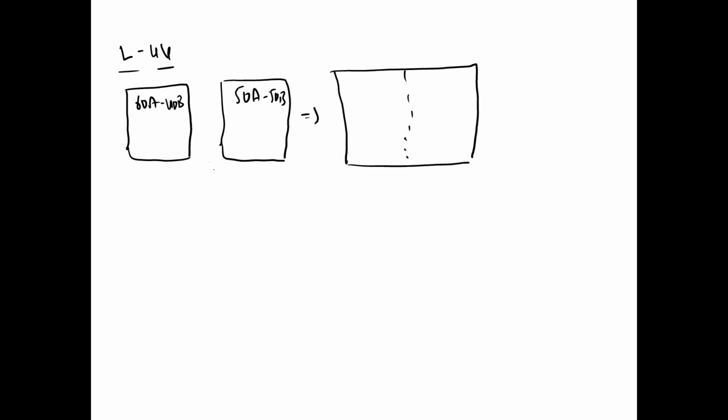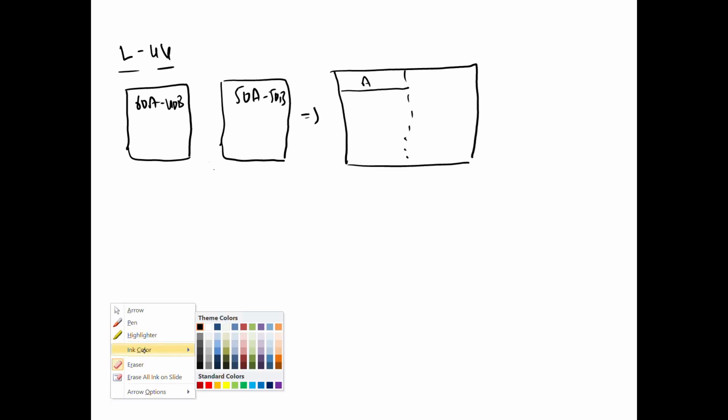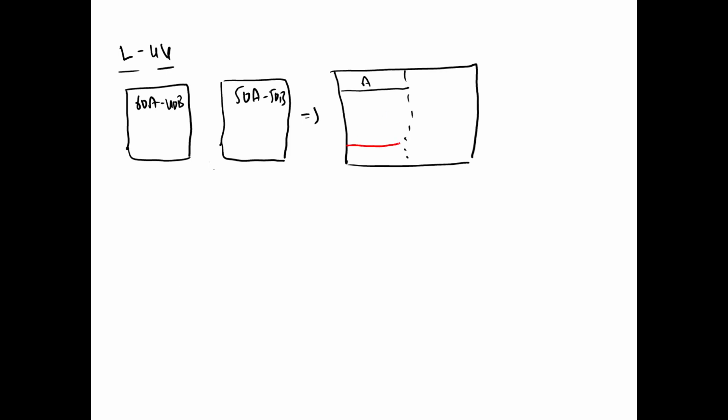If you consider this as the Matano plane, assume here it is 60 A and 40 B. I will make it in different colors so that it will be easy for you to understand A and B. Here it is 60 and here it is 40, and on this side it is 50.